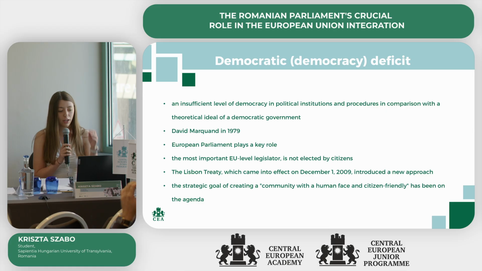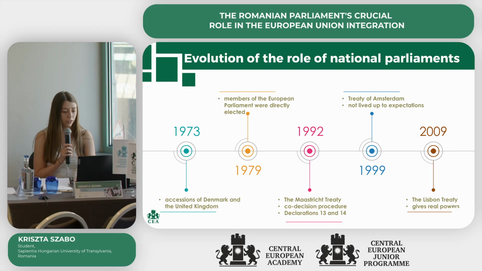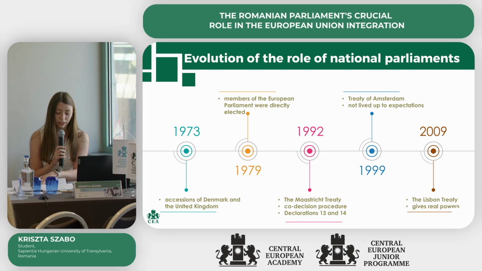Now I will talk about the evolution of national parliaments, which in the European Union have changed a lot over time. In parallel with the EU's expansion and evolution of powers, the democratic deficit began to grow.